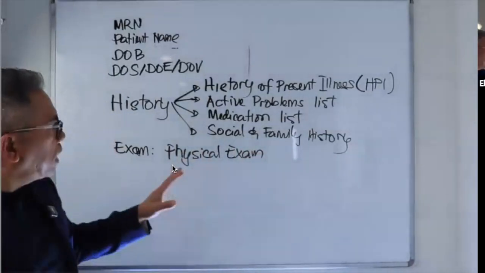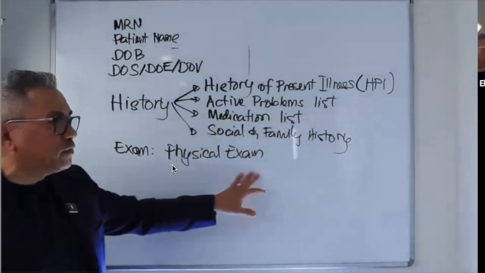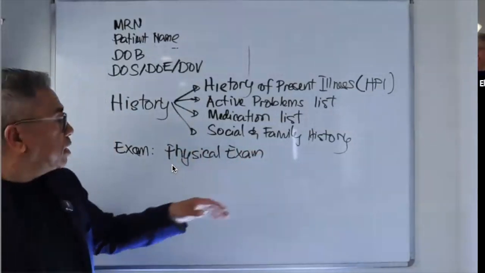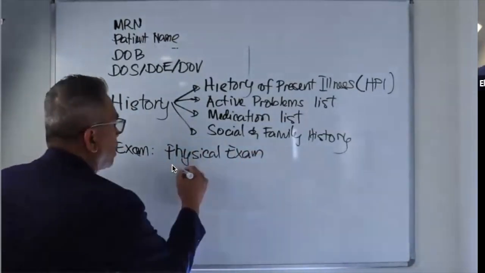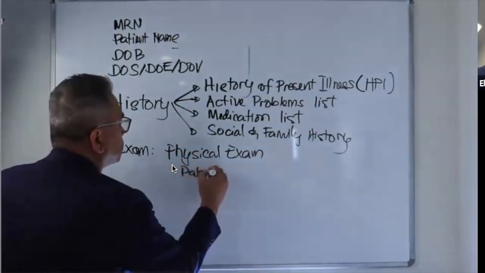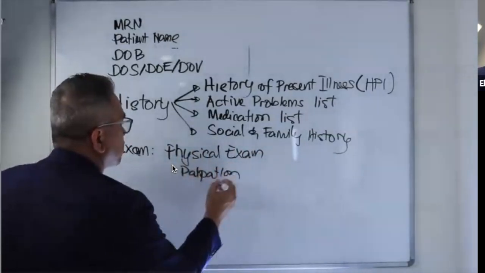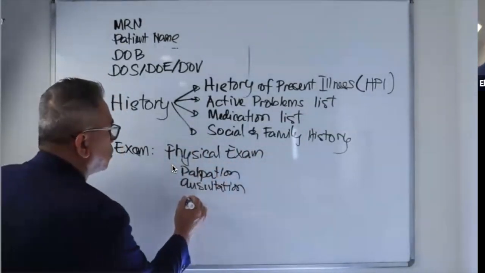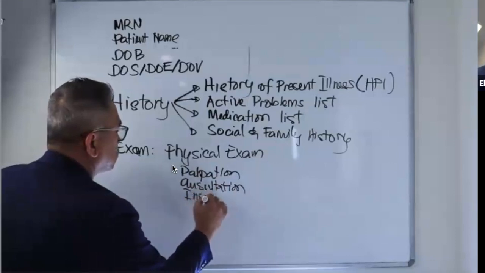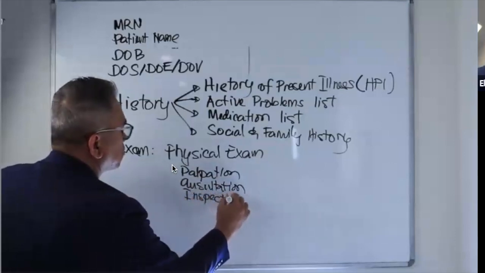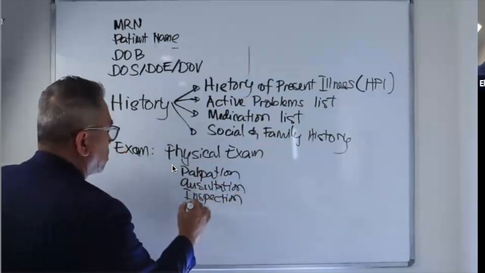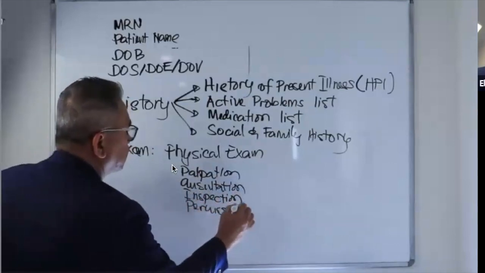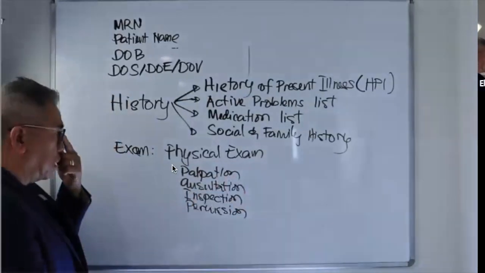So what are the different types of examination that the doctor performs? Doctors would do palpation, auscultation. What else? The doctor will do inspection, percussion. So let's talk about these different types of exam that the doctor does.